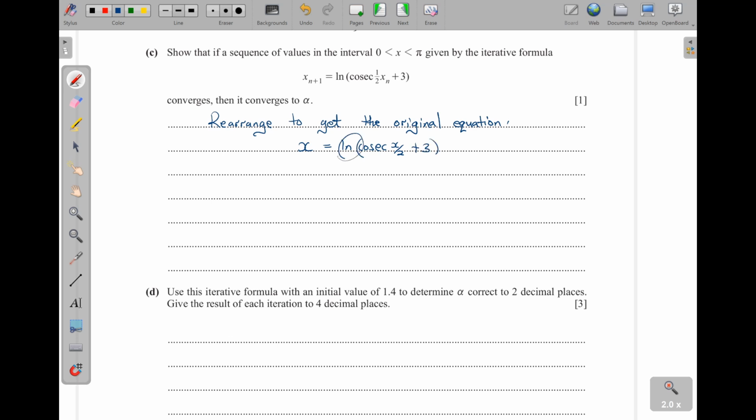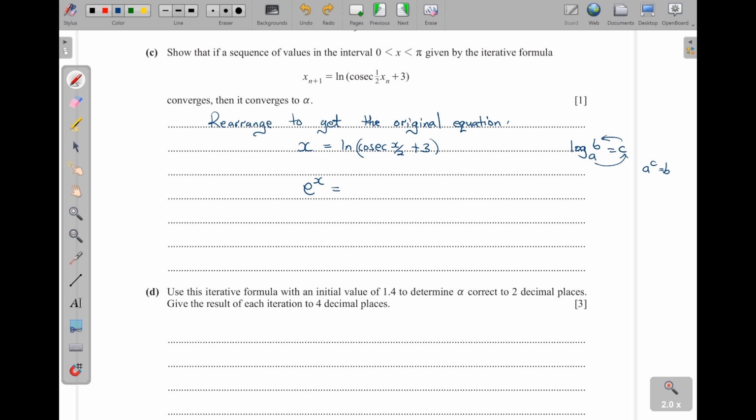To undo the logarithms, we get exponentials. So we shall have e to the power of x equal to what is inside here, because of the rule in logarithms that if log base a of b is equal to c, then a power c is equal to b. If this is log base e, then it will be e power x equal to whatever is inside here.